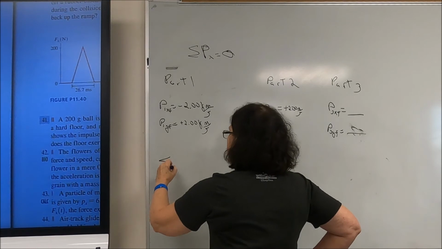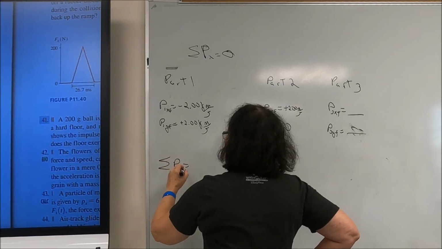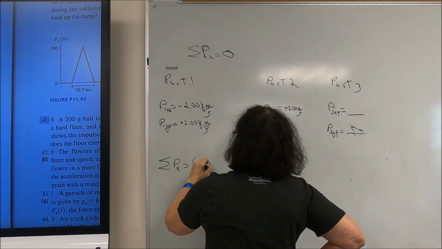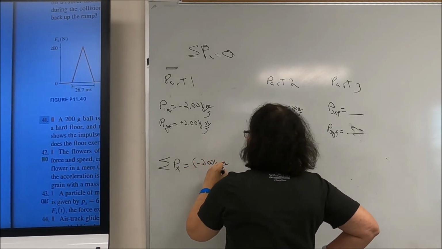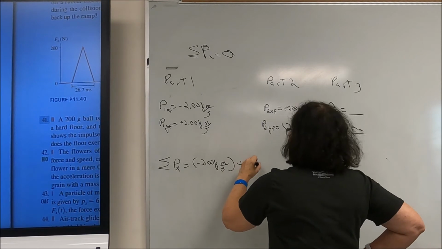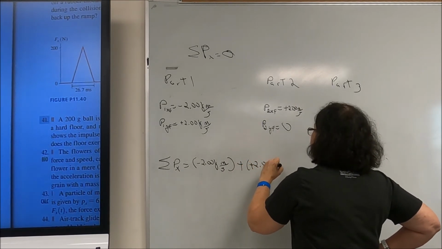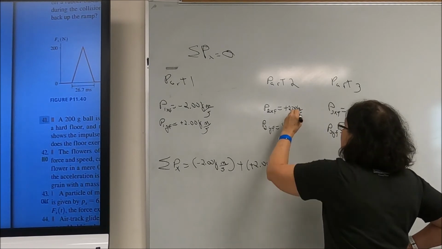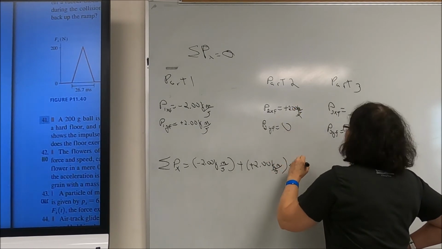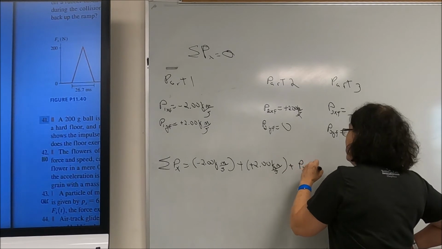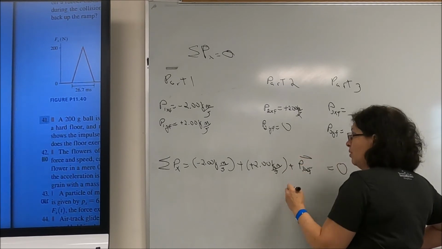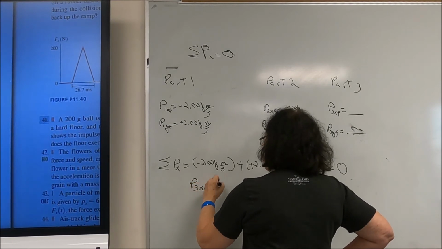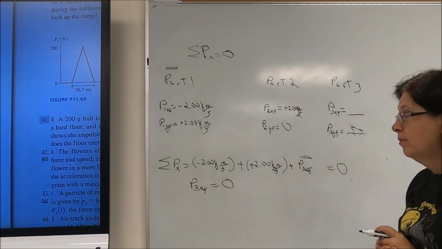Okay, so sum of the momentums in the x direction, which is -2 kilograms meters over seconds, plus +2 kilograms meters over seconds, plus the momentum 3x final, all have to add up to be 0. So momentum 3x final has to be 0.